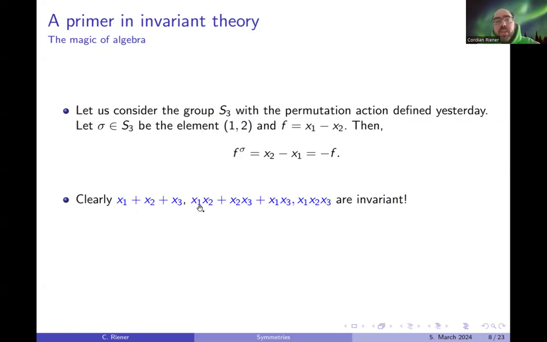The same for the second polynomial that I have here, which is x1 times x2 plus x2 times x3 plus x1 times x3. So for this polynomial, it doesn't really matter whatever permutation I apply to it. So it's also invariant. And finally, also, of course, x1 times x2 times x3 is an invariant polynomial.